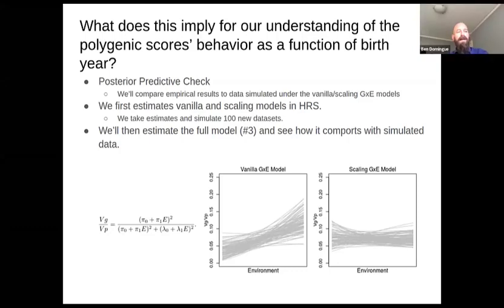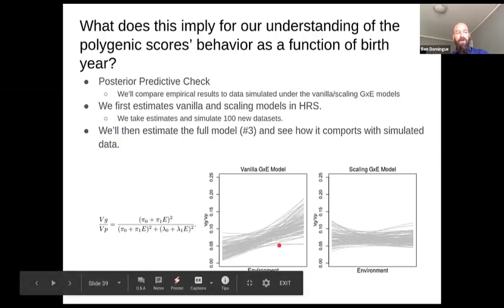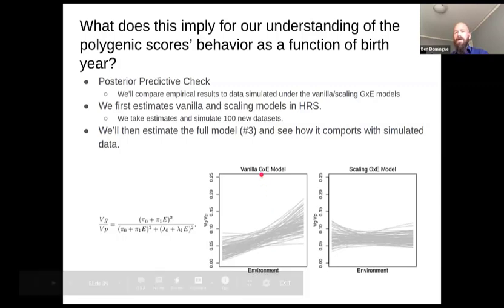So the way I'm going to now unpack the results from our analysis is in terms of posterior predictive checks. We're going to take these gray lines that I showed you earlier, and these are all coming from simulated data, where I simulate data using parameters derived from the HRS. I simulate data first under the vanilla G by E model and then under the scaling model.